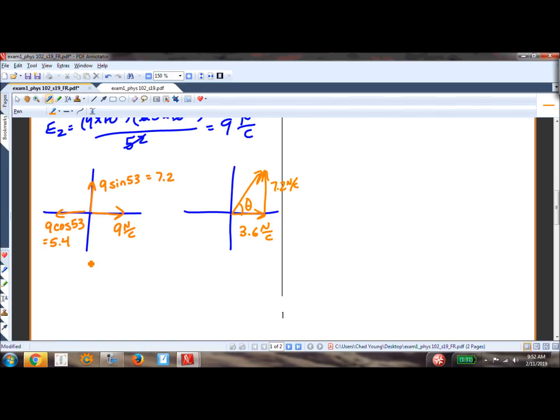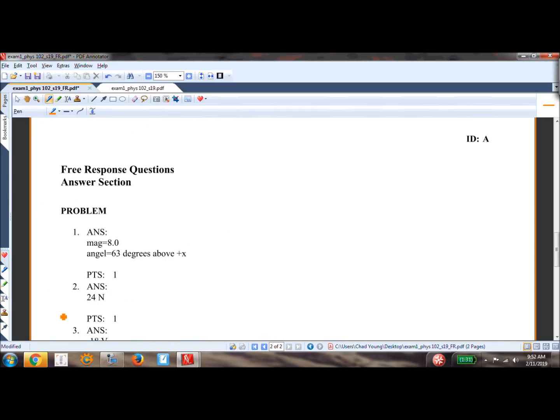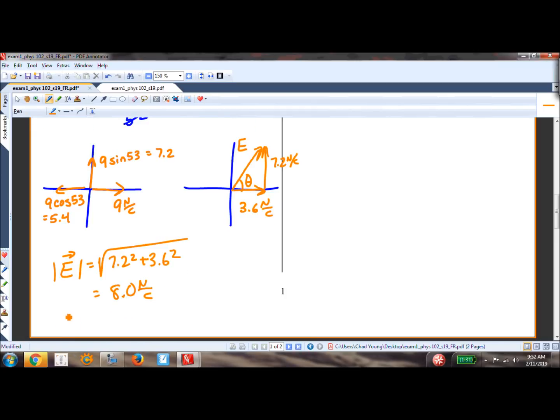To find the magnitude, I'll call this just E. E is equal to the square root of 7.2 squared plus 3.6 squared, and that's equal to 8 newtons per coulomb. And then the angle theta is going to be the inverse tan of 7.2 over 3.6, and that's equal to 63 degrees above the positive x-axis. Those are the answers for that question.